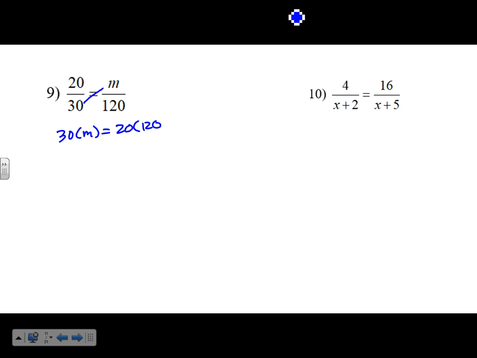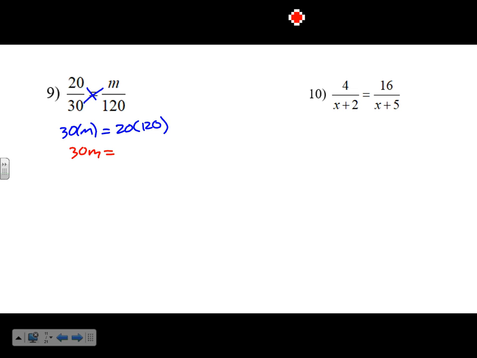Now, I know some of you guys are going to start taking the shortcut and just putting 30 times m is just 30m. That's totally fine. That's up to you, but I'm going to keep on doing it this longer way just so you see that I'm multiplying those, because for problems like number 10, the next one we get to, it's going to be a little bit different. So 30 times m is 30m is equal to 20 times 120, should be 2400, I believe.